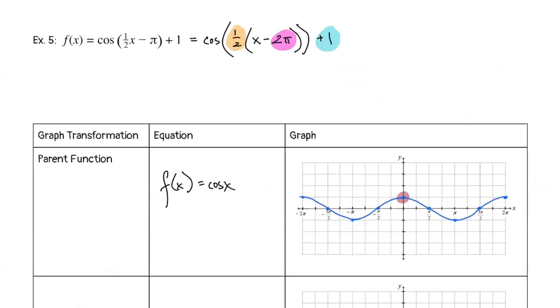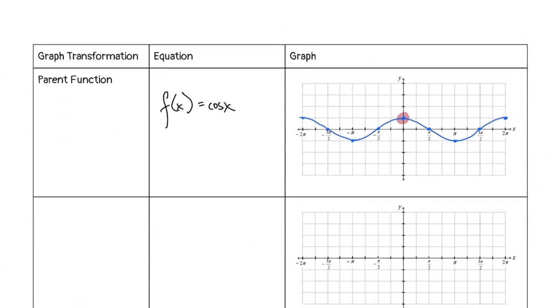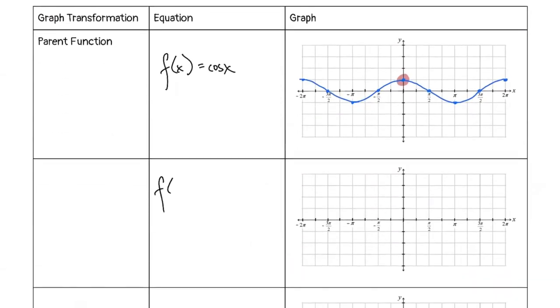All right, next thing that happens, x minus 2 pi. What does that mean? What does that negative 2 pi mean? Perfect.